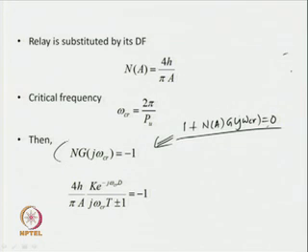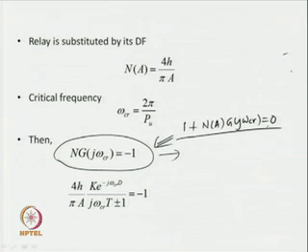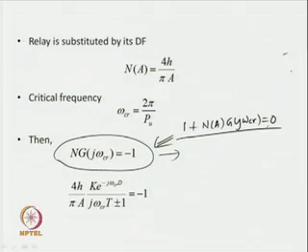The same expression can be obtained from the fact that limit cycle output is obtained when the loop gain is equal to 1 and the loop phase is equal to -π. So, the same can be transformed into an analytical expression, which is given as N G(jω_cr) = -1.